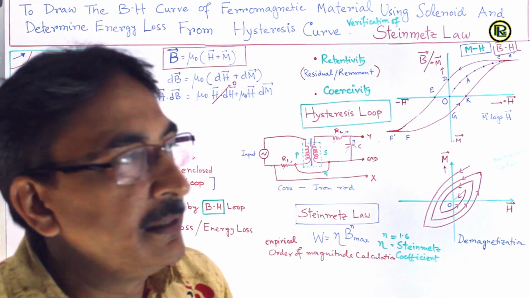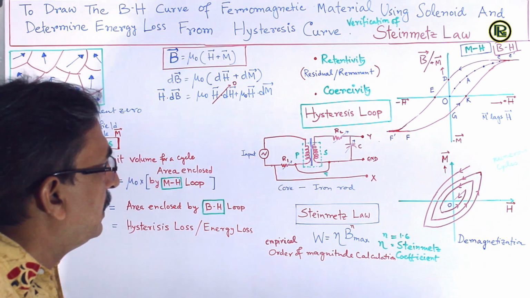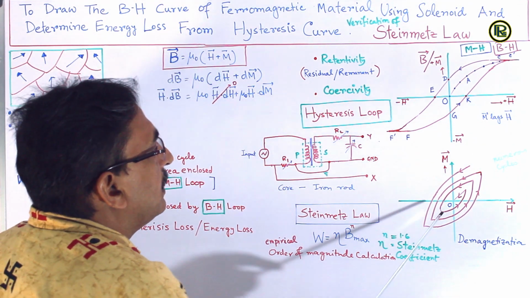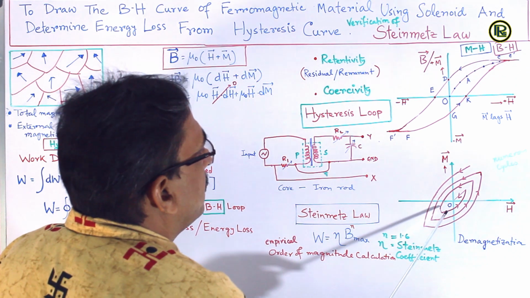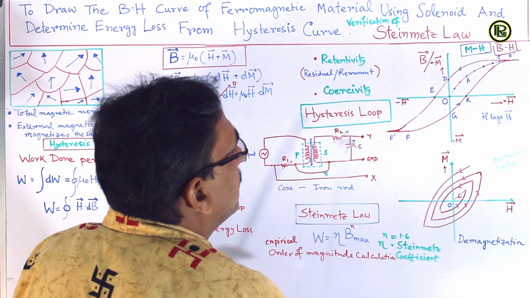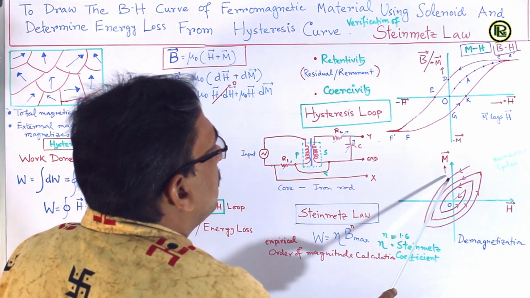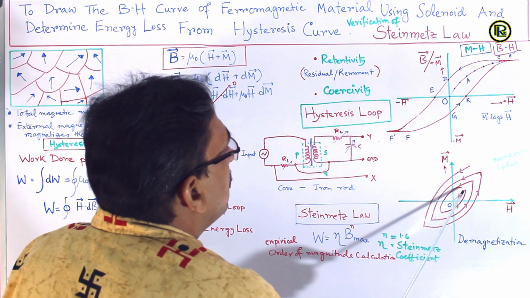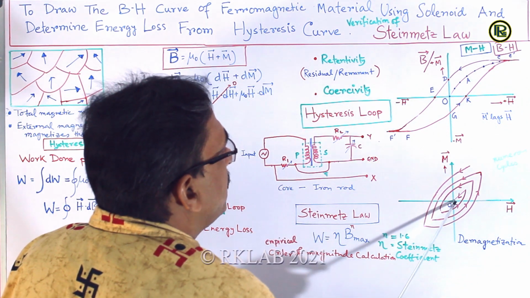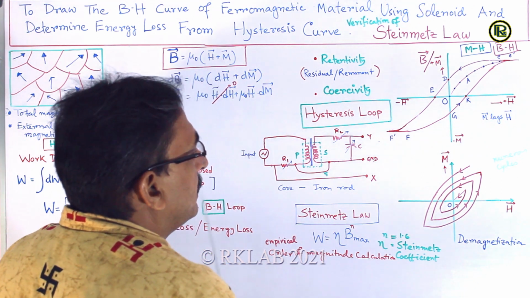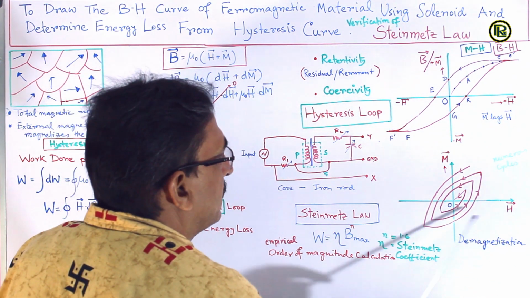So this is the process of demagnetization. Once it is magnetized, we have to slowly reduce the magnitude of the external field, and it will take numerous cycles to make the M value 0 with the 0 external field. So this is called the demagnetization process.